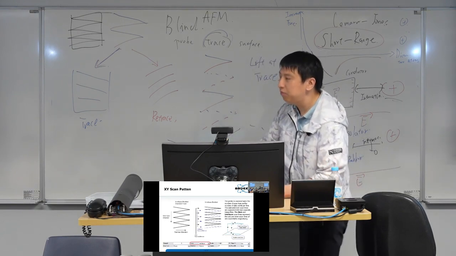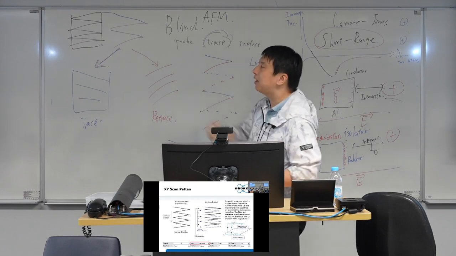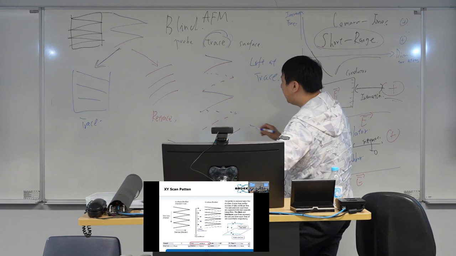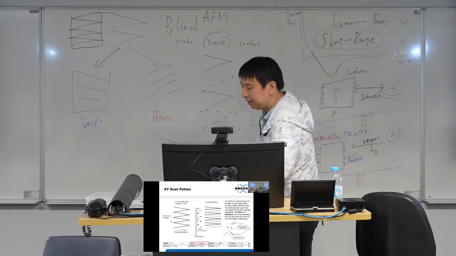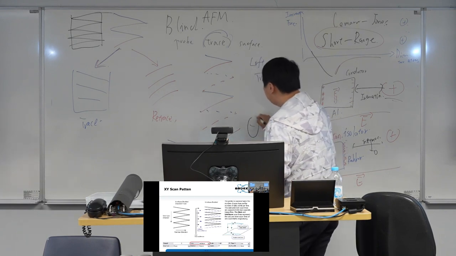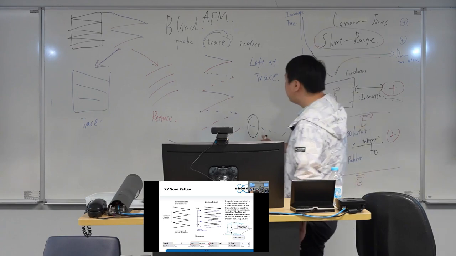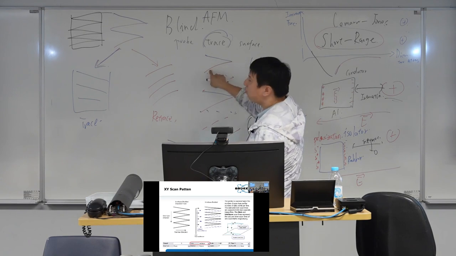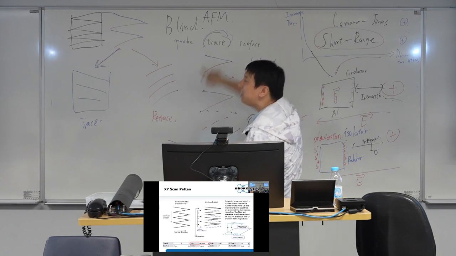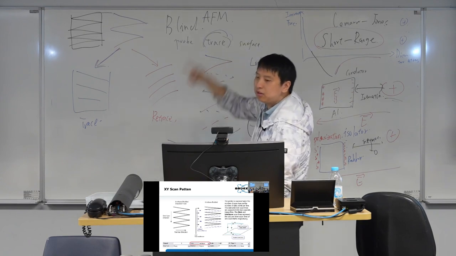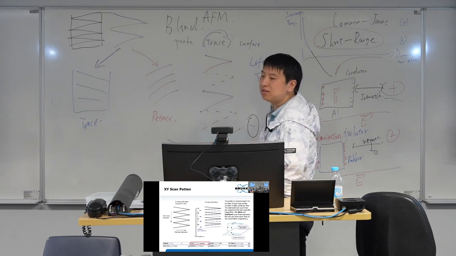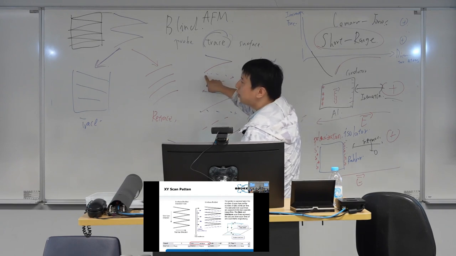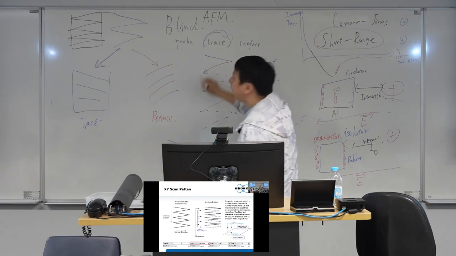So every time you do this kind of interleave scan, you will see the lift motion at every beginning of the trace. Because at this line, we're on the surface, trace, retrace, and then we want to lift the probe. Lifting the probe takes some time. It's just milliseconds, but it takes some time. So you will see a lift motion here.